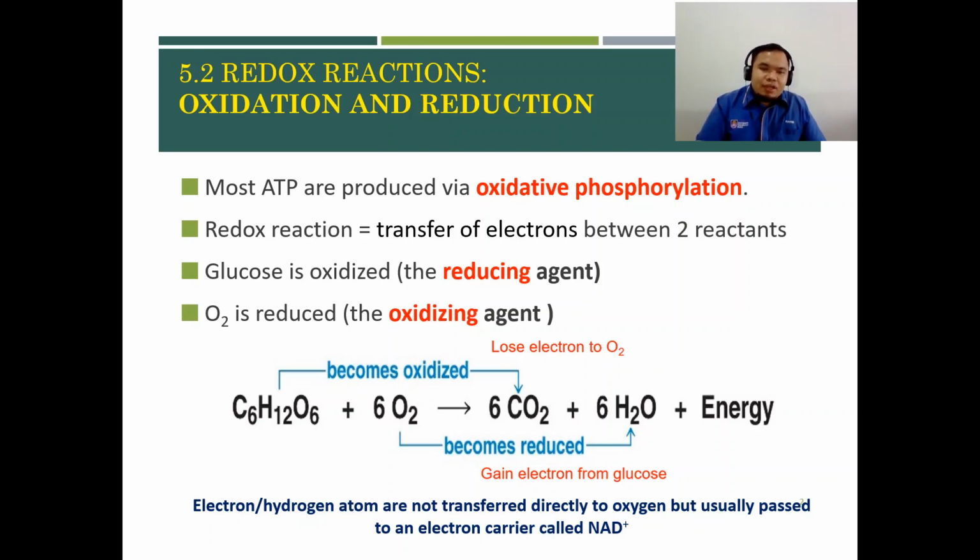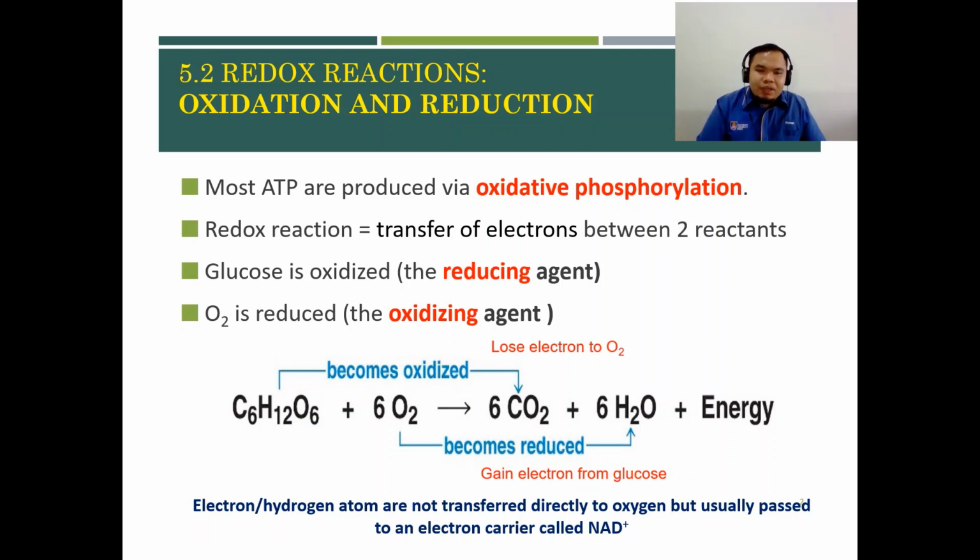So you see here, the glucose molecule loses electrons to oxygen, so it transfers the electrons to oxygen. The glucose molecule becomes oxidized, and this is a reducing agent.